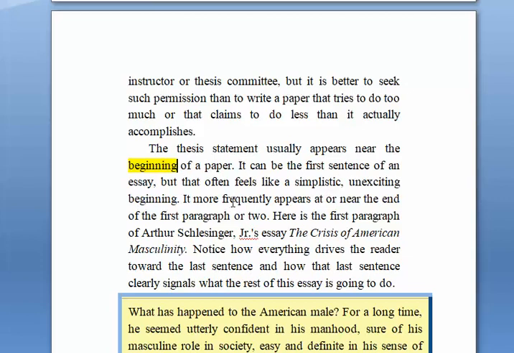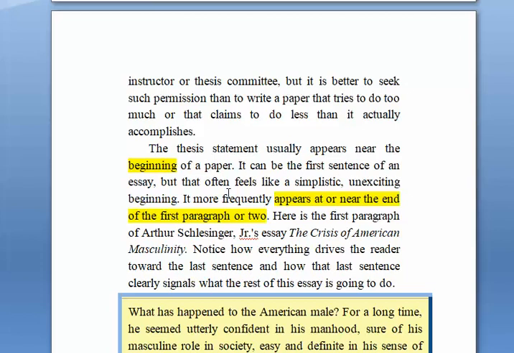It more frequently appears at or near the end of the first paragraph, sometimes at the beginning, sometimes at the end of the first paragraph. Here is the first paragraph of Arthur Schlesinger's essay, The Crisis of American Masculinity.